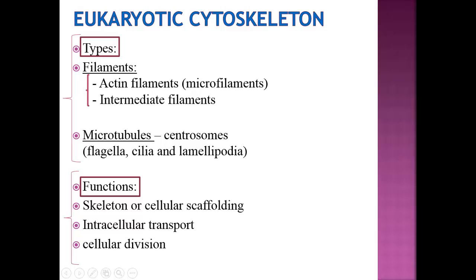Eukaryotic cytoskeleton is made up of filaments and microtubules. The filaments are classified as actin filaments, also known as microfilaments, based on their diameter, and intermediate filaments. Microtubules make up the centrosomes, which are found in flagella, cilia, and lamellipodia, all involved in movement.